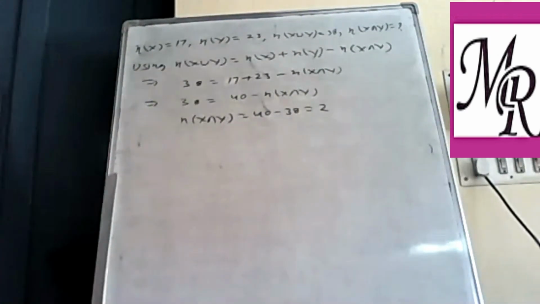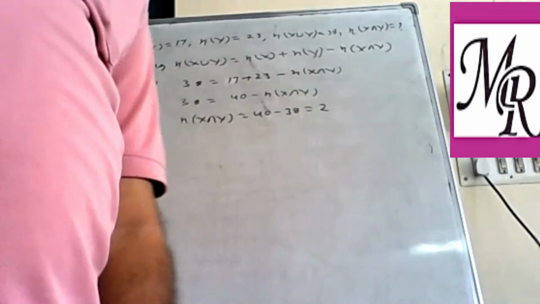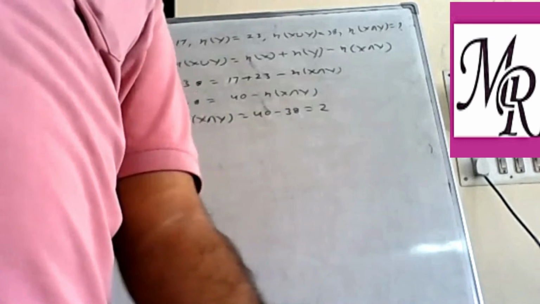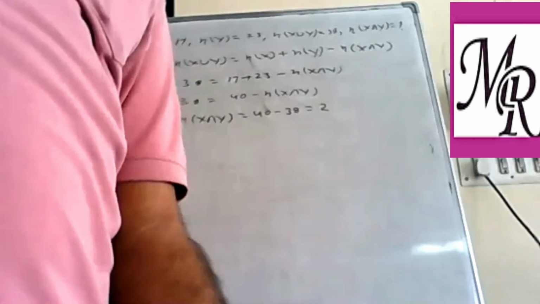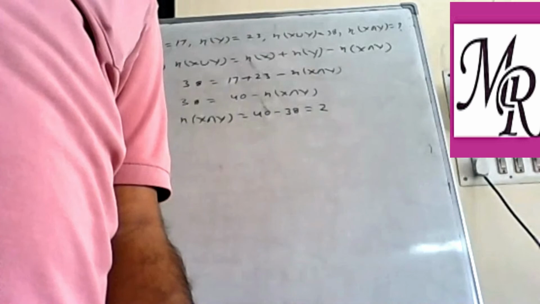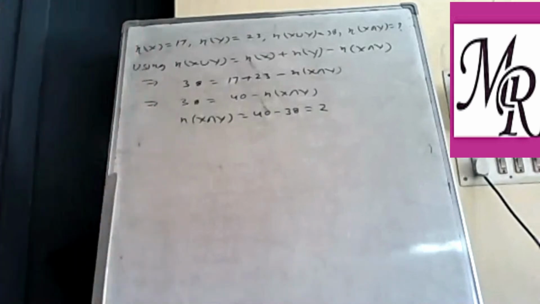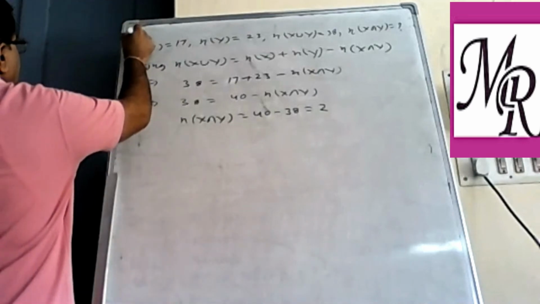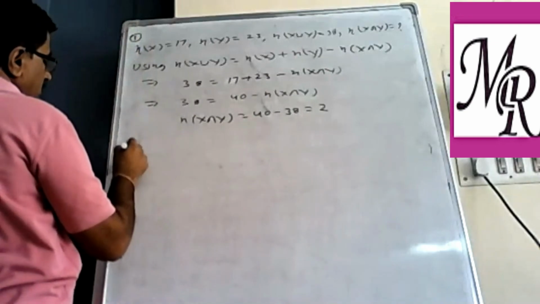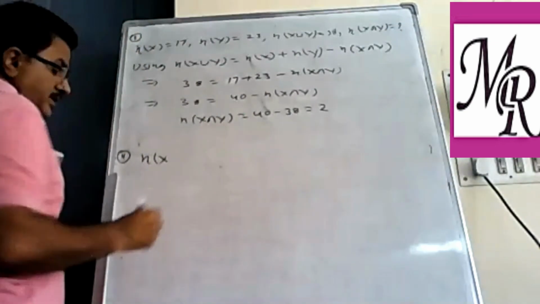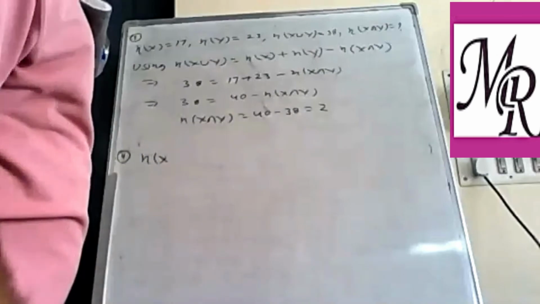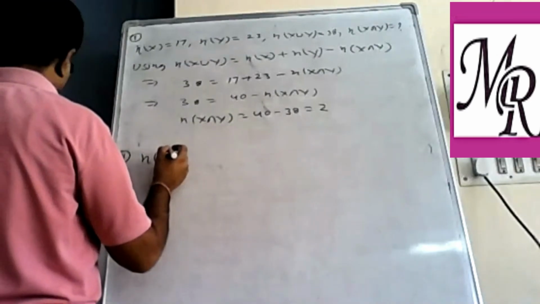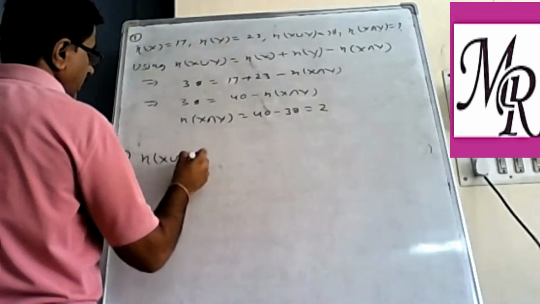बेटा लिख लिया? Similarly, second question says, if X and Y are two sets such that number of elements in X union Y is 18.